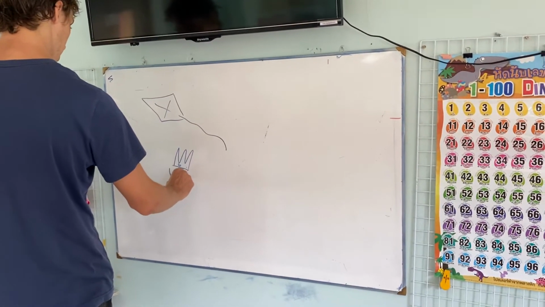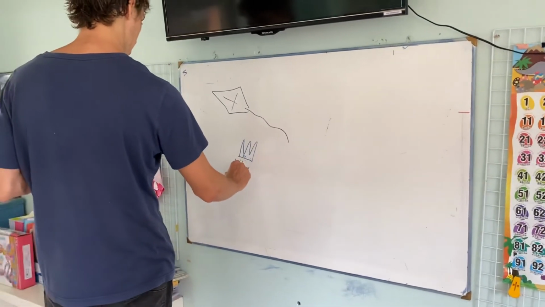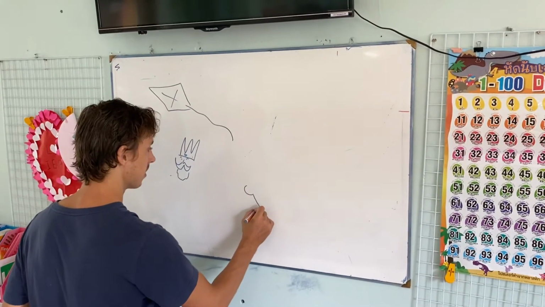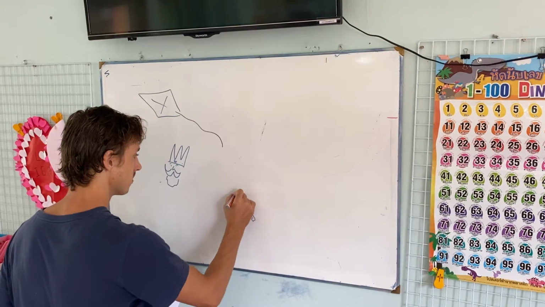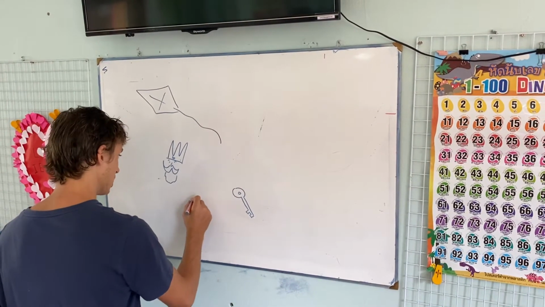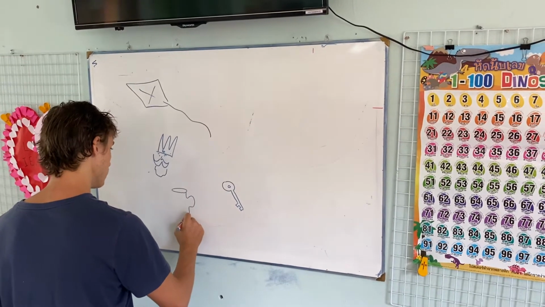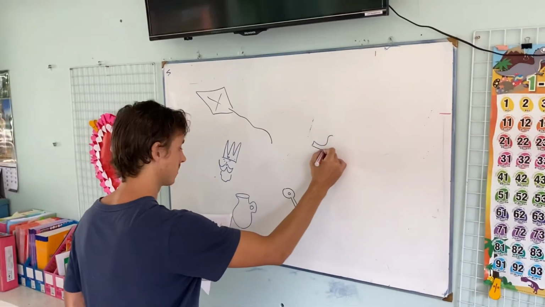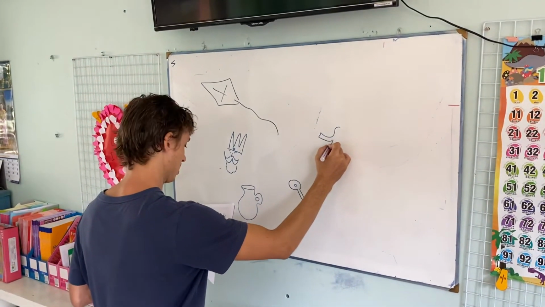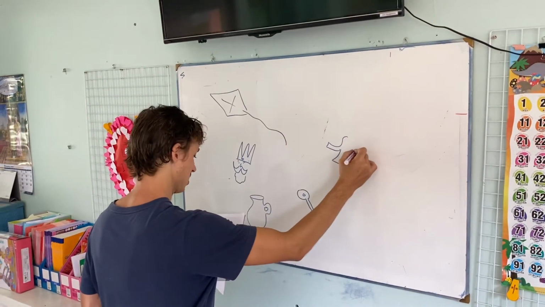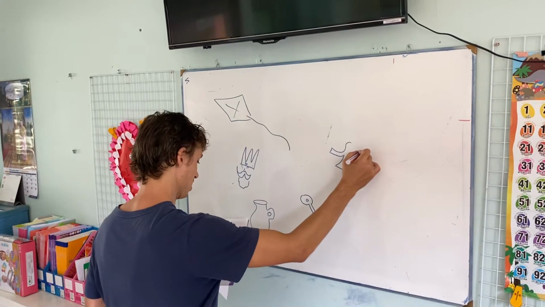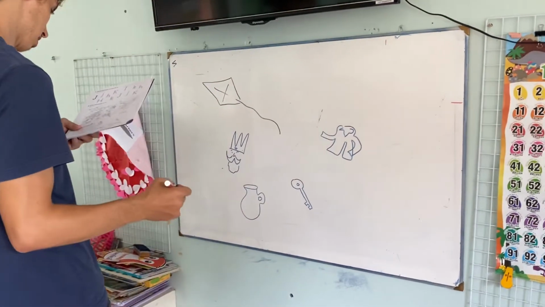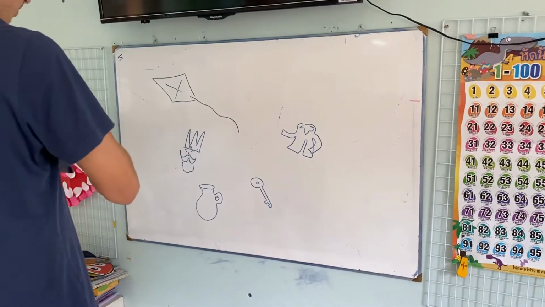King. Key. Jug. Jacket. All right. What else is it? Jack, King.